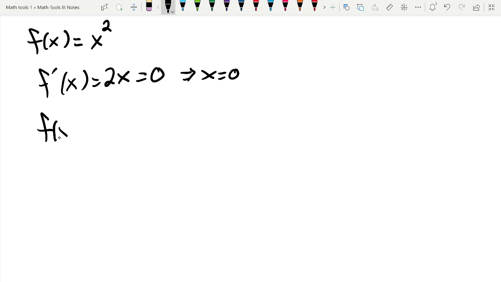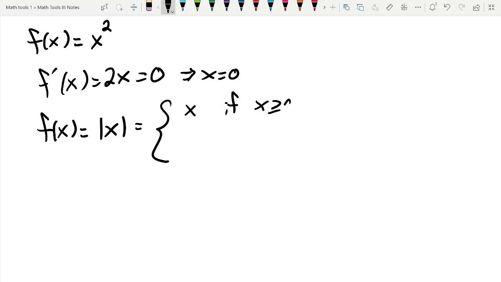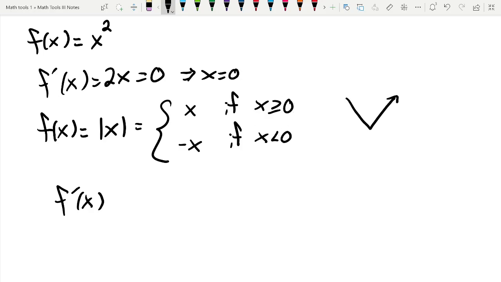So an example where the derivative did not exist would be something like the absolute value of x. If you remember, if we define this as a piecewise function, we would have this, right? Namely at the point where this transitions at that corner, so on the graph it looks like a corner, right there is where the derivative does not exist.